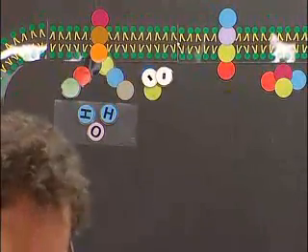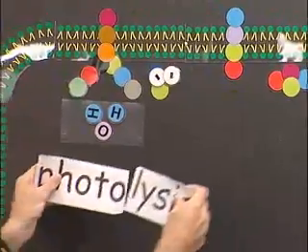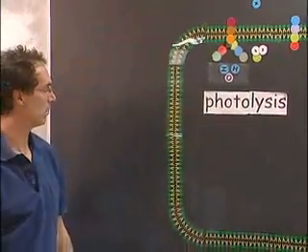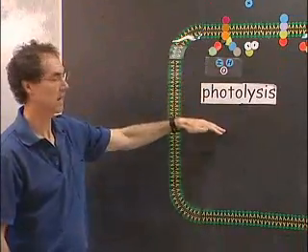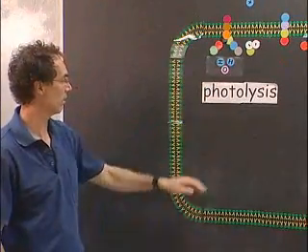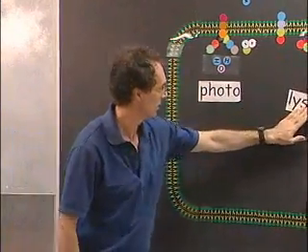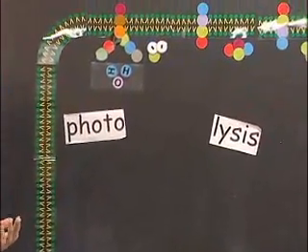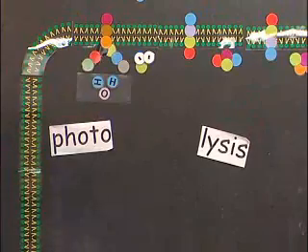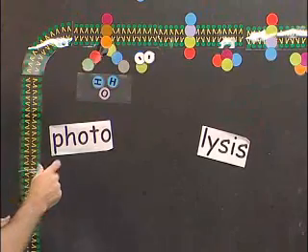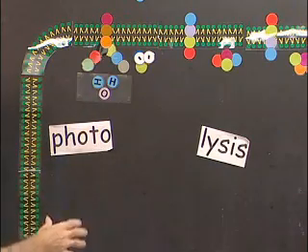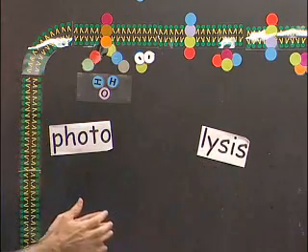Now, one thing I've done with just using paper is, after I conduct the reaction, but I can show you this now, is to split the word because we're splitting the water molecule. And just an interesting thing that I focus in on at this time is, even when I split this, photo means light, lysis means to split.